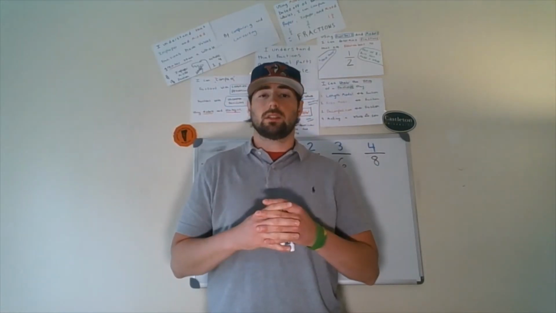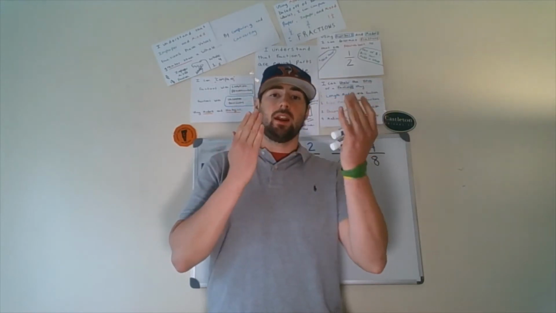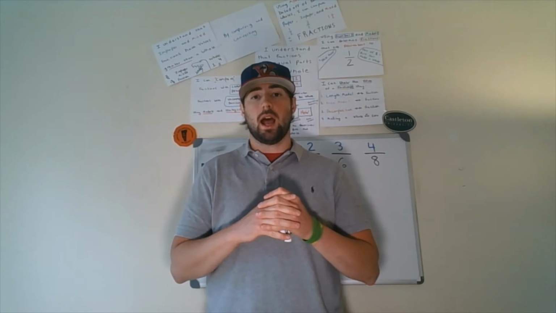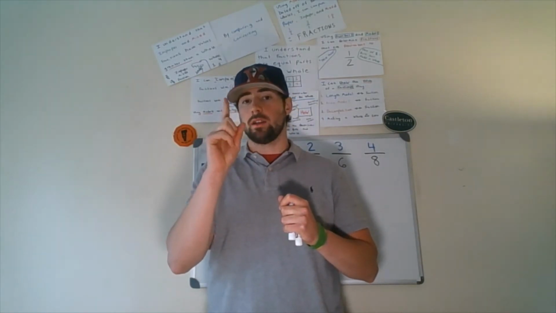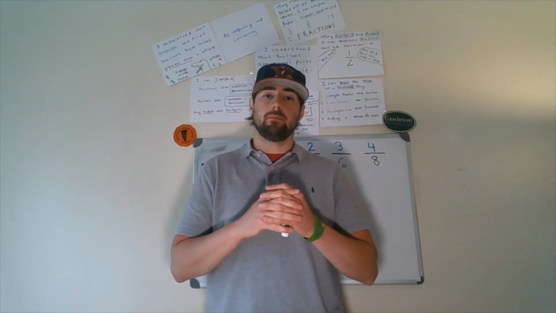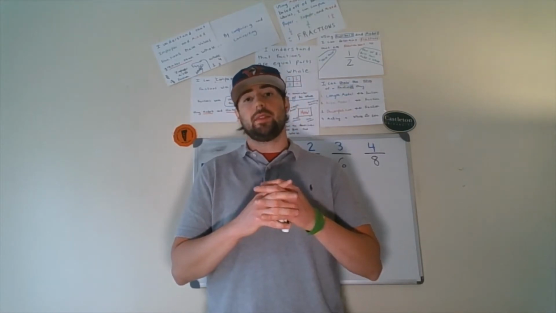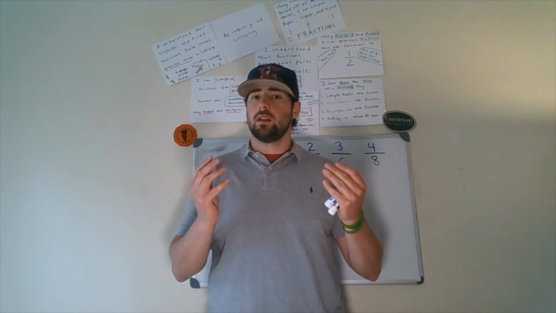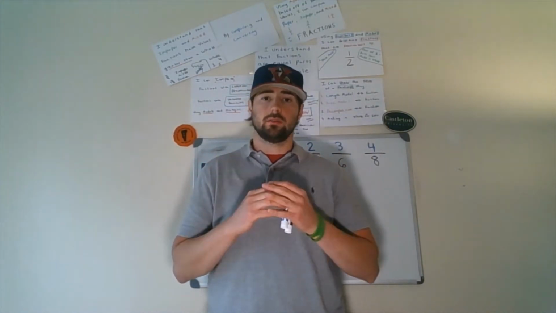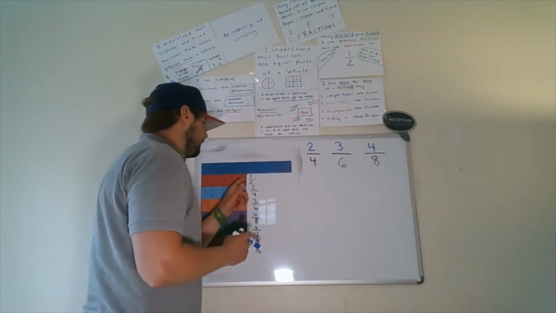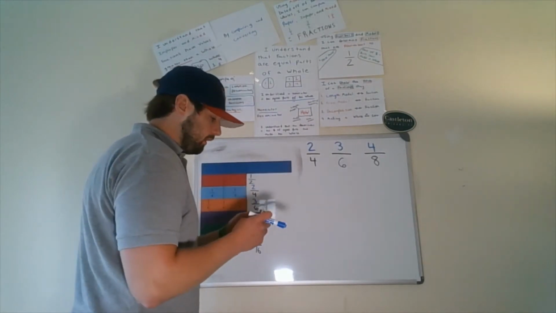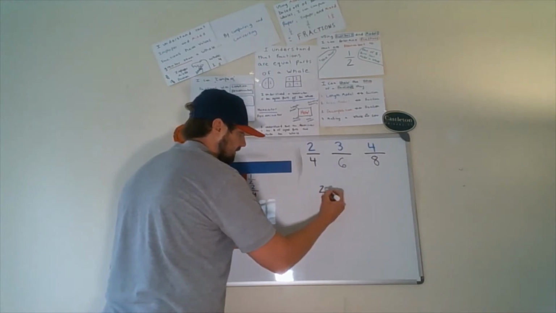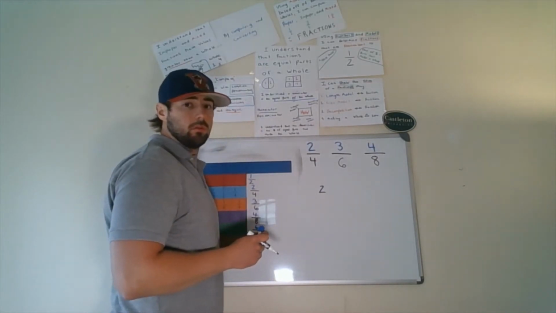Let's take a look at some patterns when not comparing each fraction that is equivalent to 1/2, but really focusing on one at a time and taking a look at those numerators and denominators and seeing if we can see any patterns. Let's start with 1/2. I know the whole for 1/2 is indeed 2.